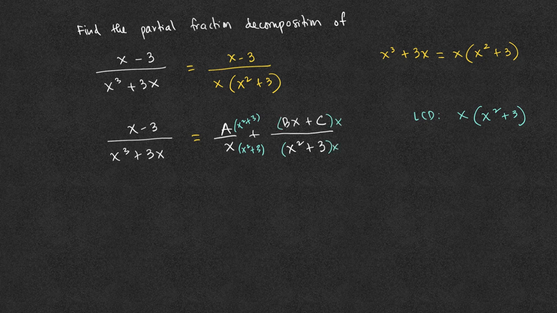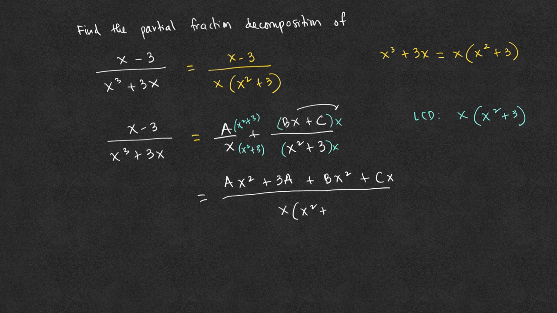That's the golden rule. Simplifying this, we have Ax squared plus 3 times A, Bx times x is Bx squared, and C times x is Cx, and all of these over the same common denominator, which is x times x squared plus 3.